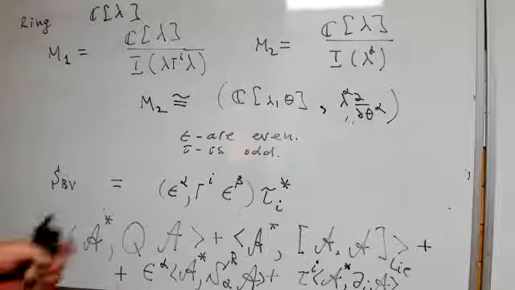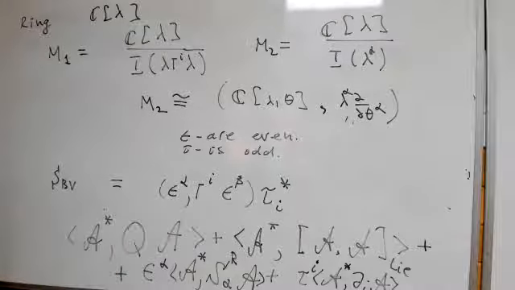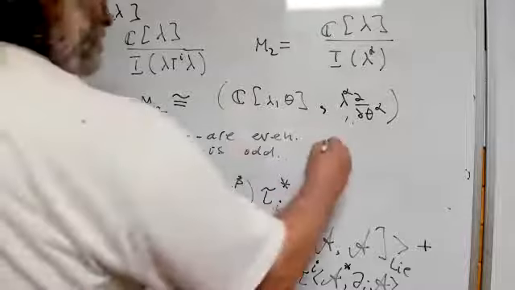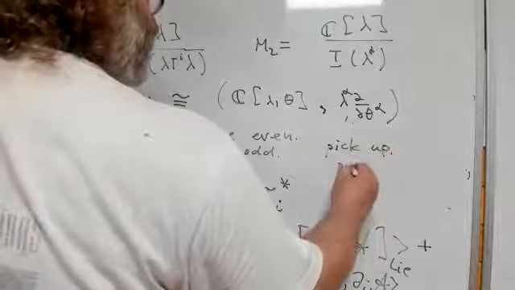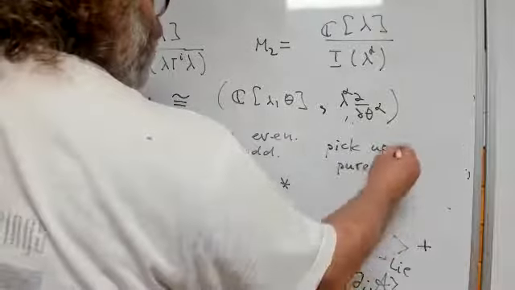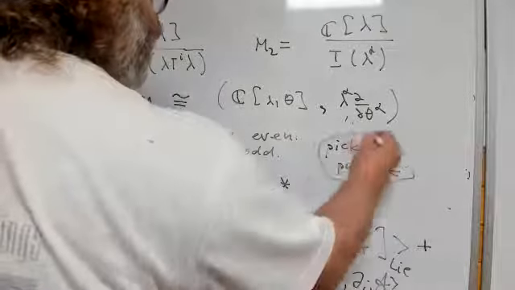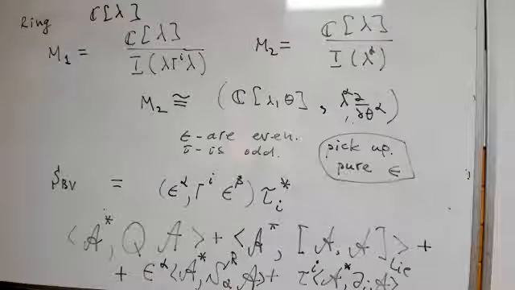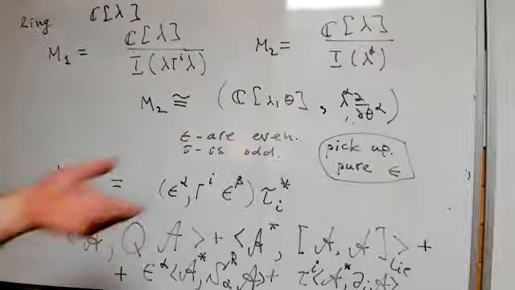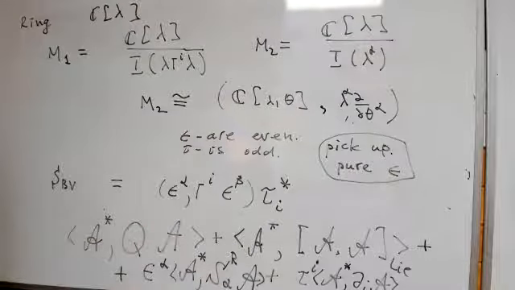Namely, we may pick up pure spinor epsilon and consider it as being a constant.